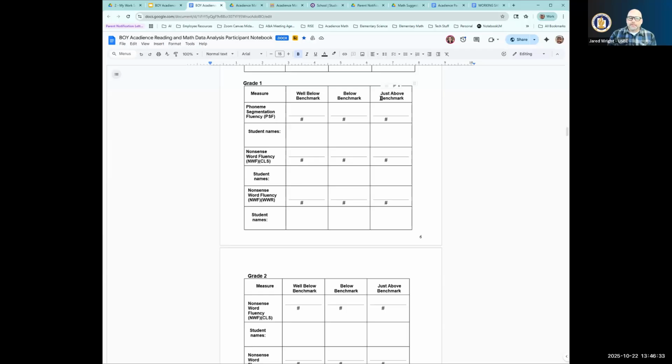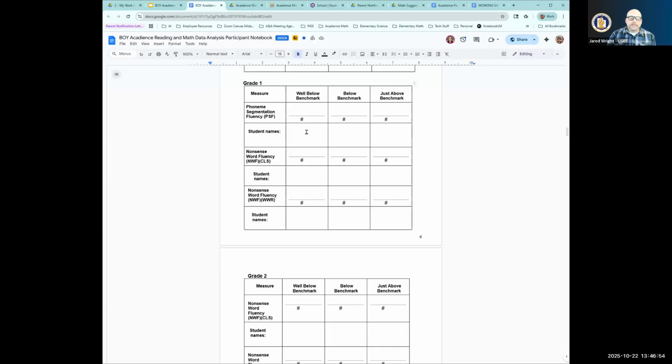They scored at benchmark, but they're really close. And that really close is going to just be your professional judgment on who you're paying attention to and how you're focusing on that. And then there is a place for students' names to think about which students those are.